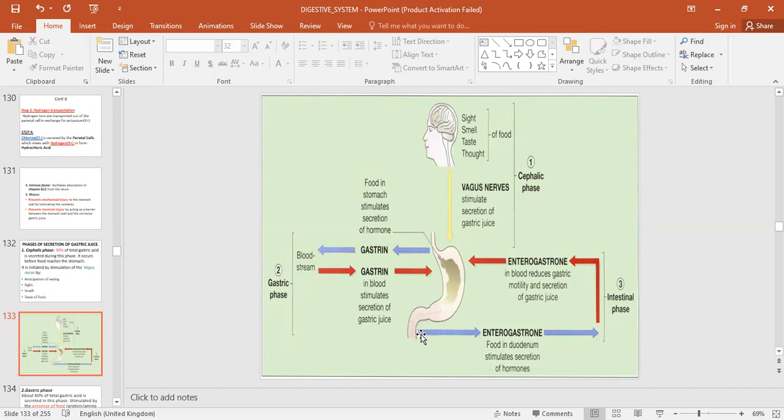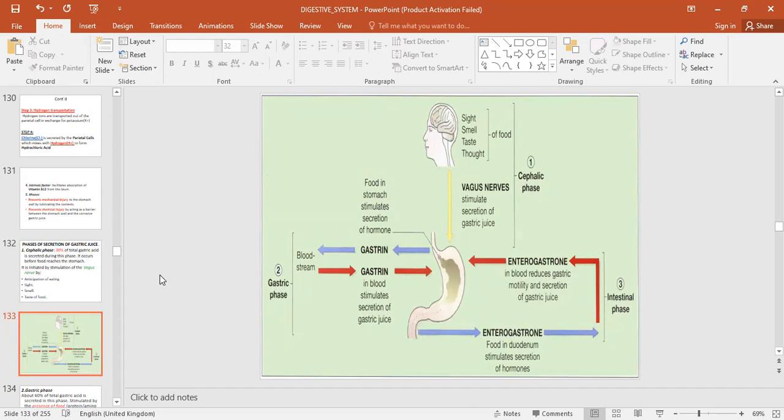Equally, those cells will send signals to the G cells. The G cells will again send signals to the parietal cells and the chief cells to secrete more, so that in case there's any substance in the stomach that is left undigested, it has to be completely digested.